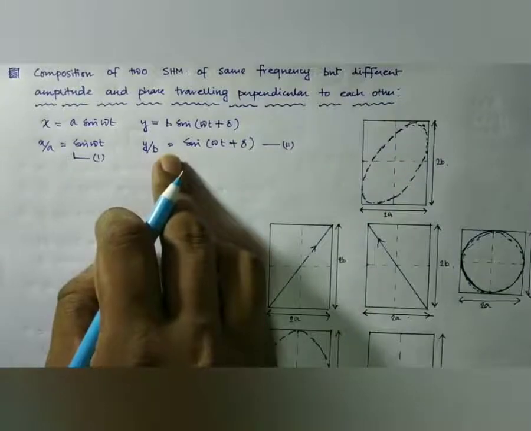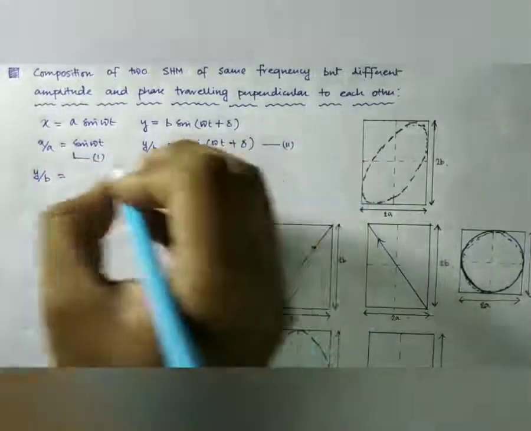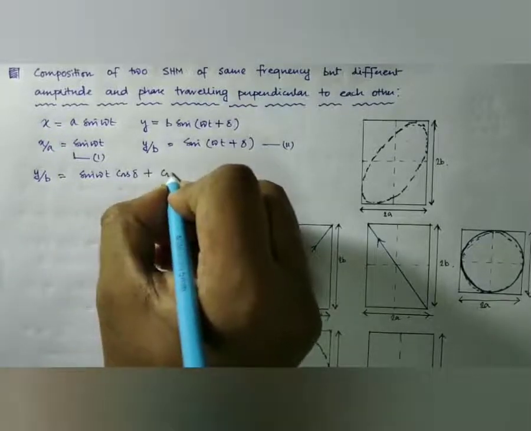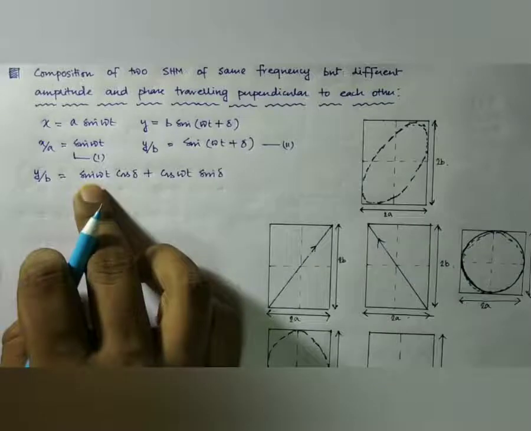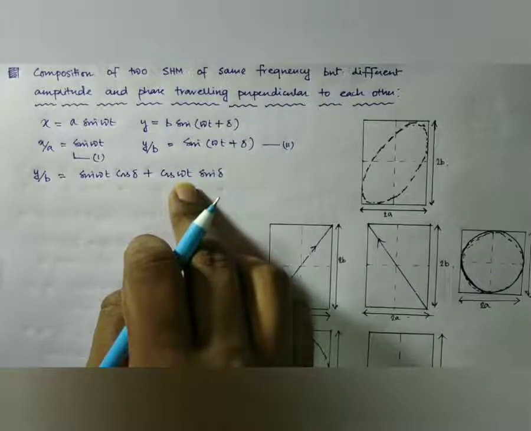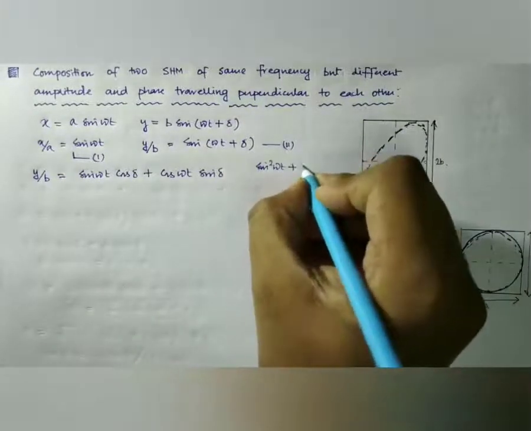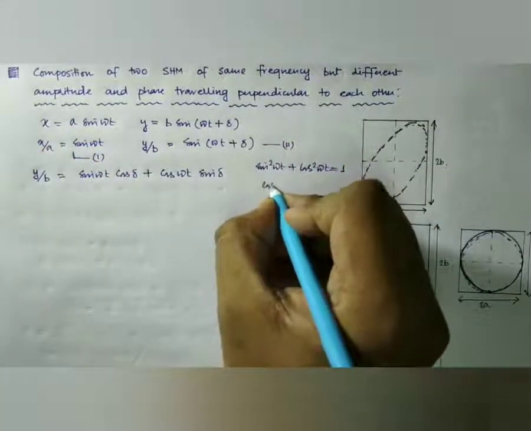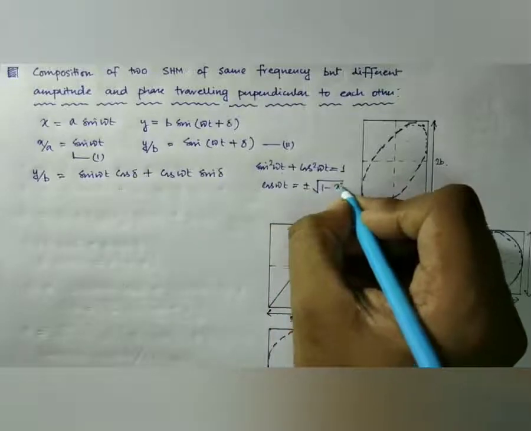And now from number 2 we have y by b equal to sine of A plus B, that is sine A cos B plus cos A sine B. Now look here, we know that sine omega t is x by a, so cos omega t will be, as we know sine square theta plus cos square theta is equal to 1, so we have sine square omega t plus cos square omega t equal to 1. We know sine omega t is x by a, so from here we have cos omega t equal to plus minus root over 1 minus x square by a square.